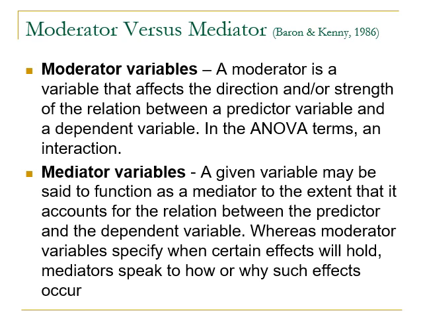Now, within that framework, there are two different things that could be going on when we find an interaction. The first one is a moderator. Moderator variables are variables that affect the direction or strength of the relationship between a predictive variable and a dependent variable. In ANOVA terms, this is a classic interaction.